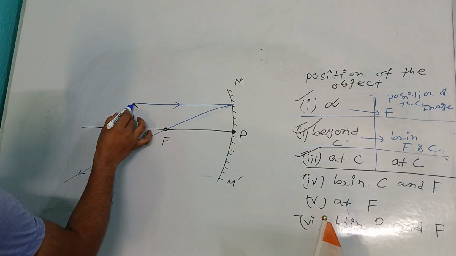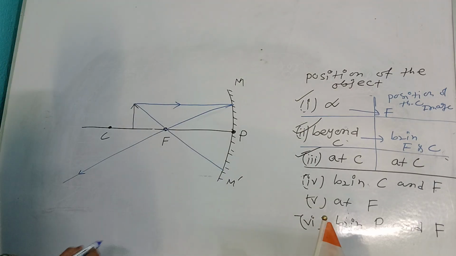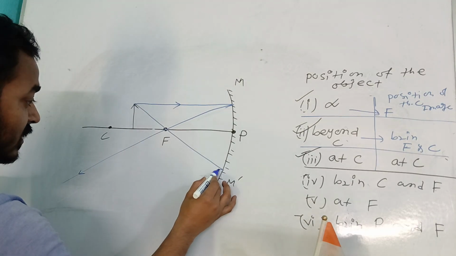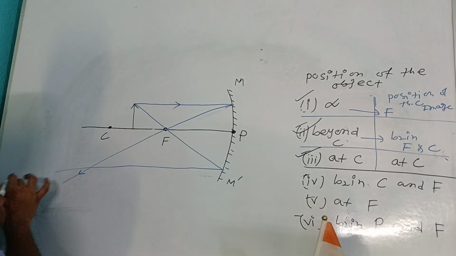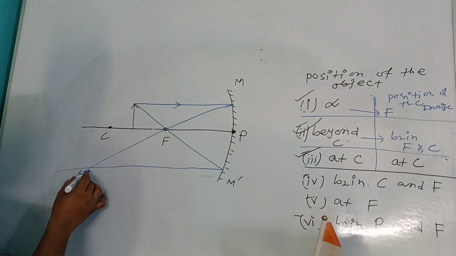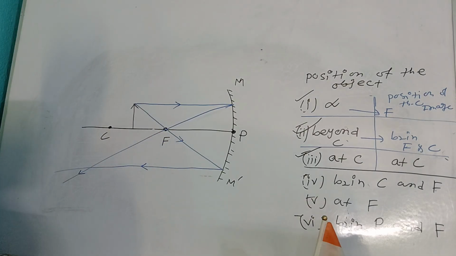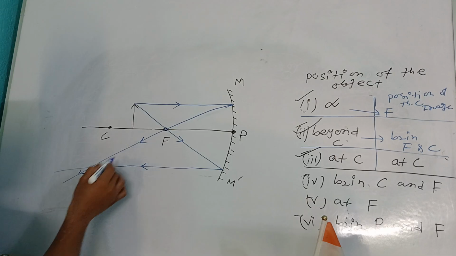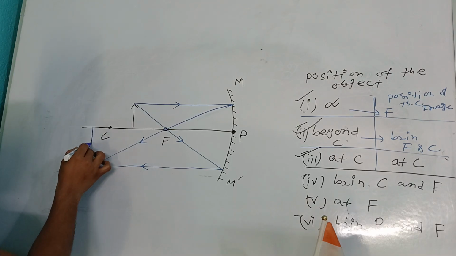When it is passing through the focus, after the reflection, it is parallel to the principal axis. So see, it is incident ray, it is reflected, they are meeting at this point, and this is the image.